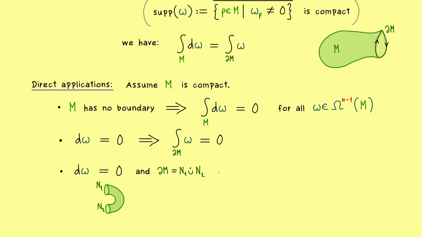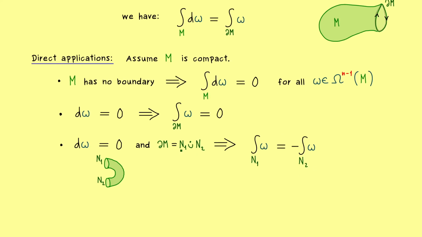But it definitely tells us that the two integrals are related. Namely, if you know one, you also know the other one. The only thing that changes is the sign, because both things together should be equal to 0. So this is also a general result that can be used in explicit examples.